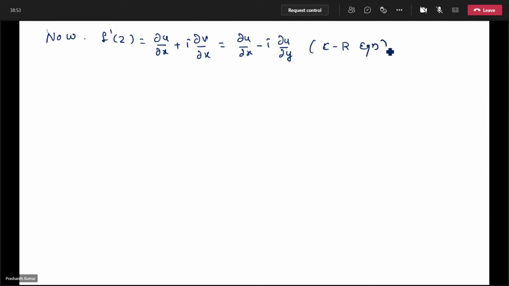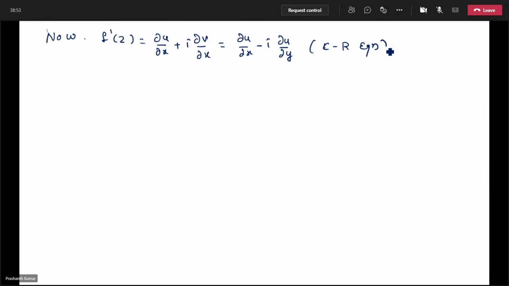Okay, so then this equation becomes f dash z is equal to phi 1 of z comma 0 minus i into phi 2 of z comma 0.